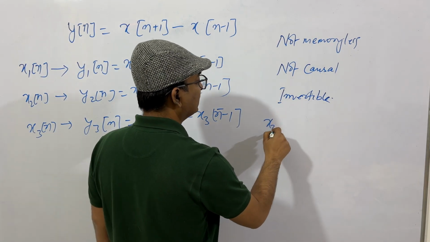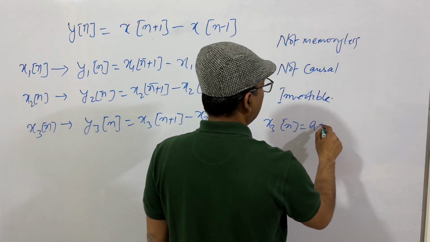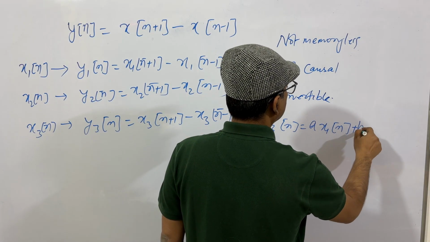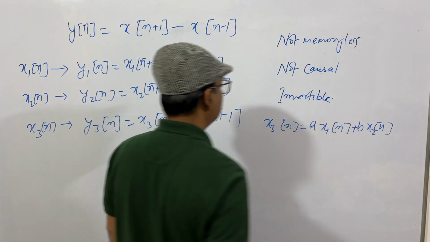Now what if our x3(n) is equal to a x1(n) plus b x2(n)? This is what we have to see.